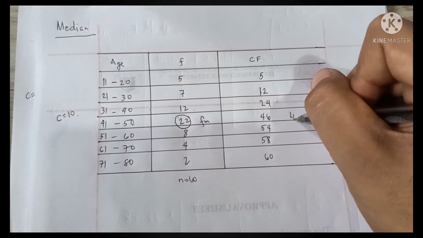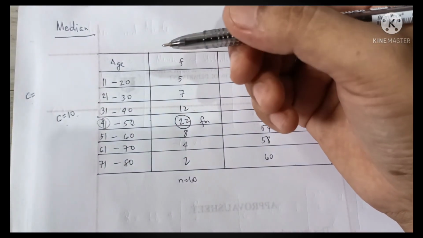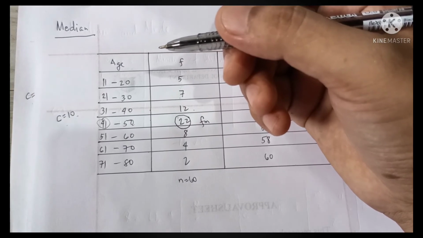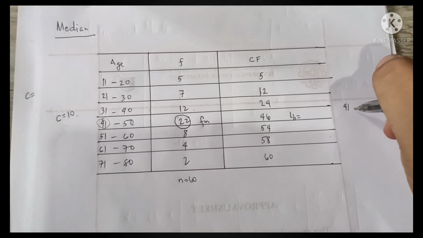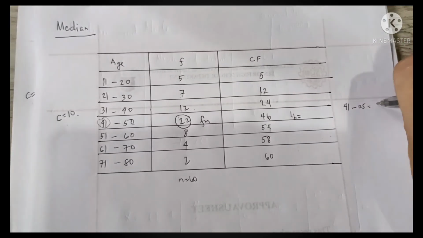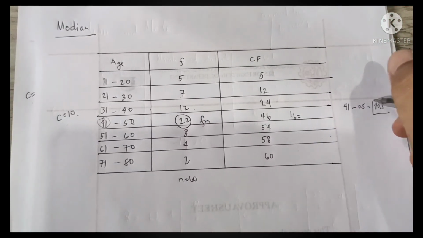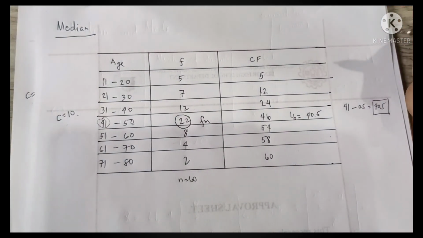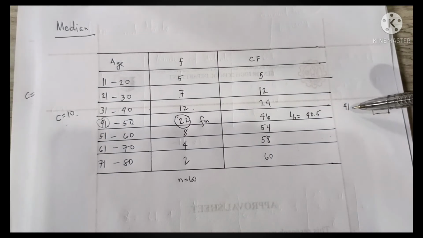So, therefore, what would be the lower boundary? So, the lower boundary is something to do with 41, so we're going to subtract 0.5. So, 41 minus 0.5, that is 40.5. So, the lower boundary is 40.5. Okay, I hope you follow. So, we get it here, 41. 41 minus 0.5.